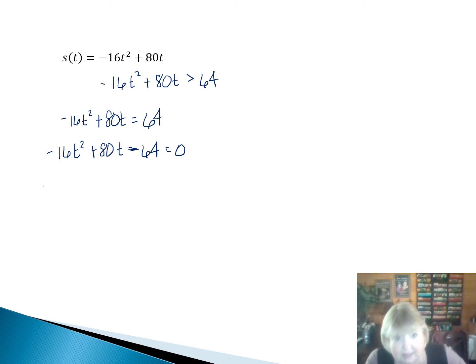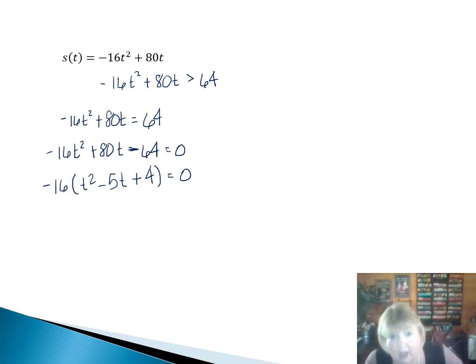I believe I can take out an entire negative 16. That sure would be nice because it would leave me with 1t squared. The negative is going to change the plus 80t to minus, and 16 times 5 is 80, so that's going to leave 5t. And taking out the negative is going to change minus to plus, and 16 times 4 is 64. Worked out beautifully and nicely.